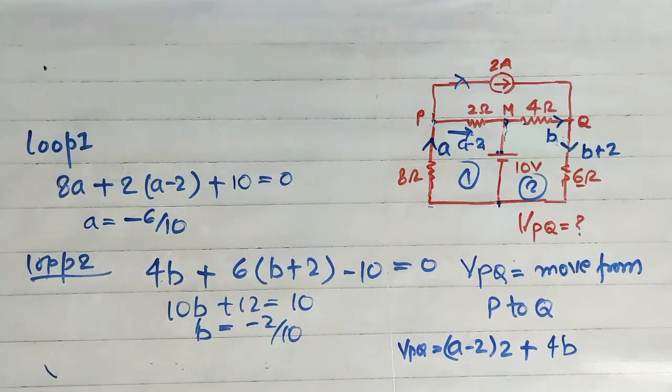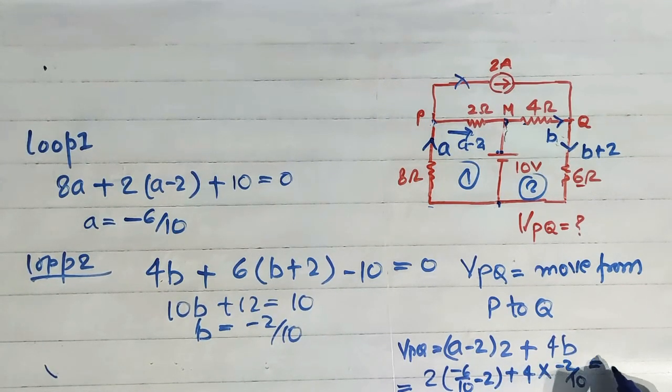That equals minus 6 by 10. And what is B? That equals minus 2 by 10. So simply putting the values, we get 2 into (minus 6 by 10 minus 2) plus 4 into minus 2 by 10. On solving this, we get minus 6 volt.